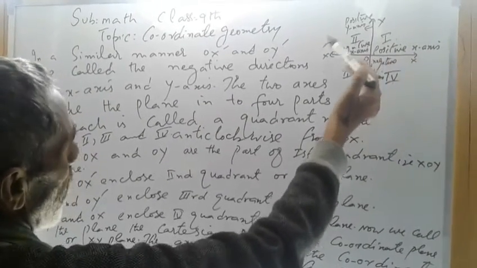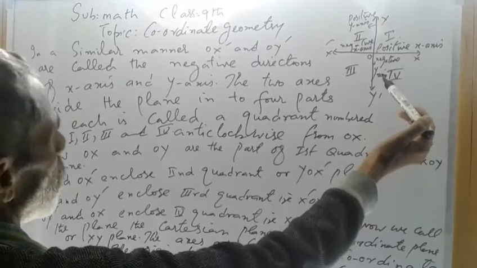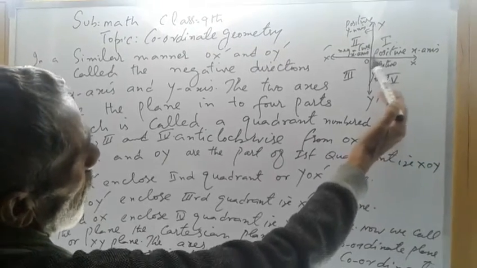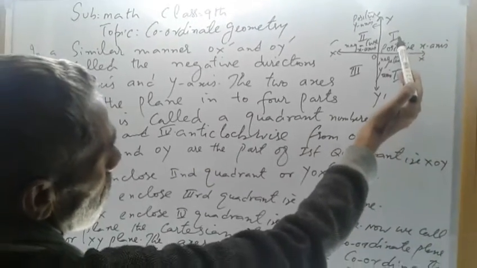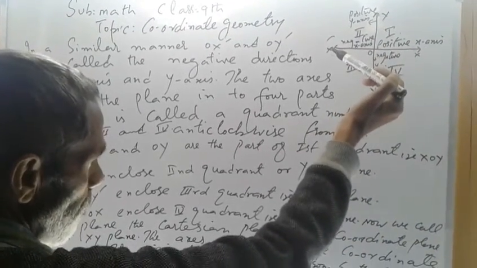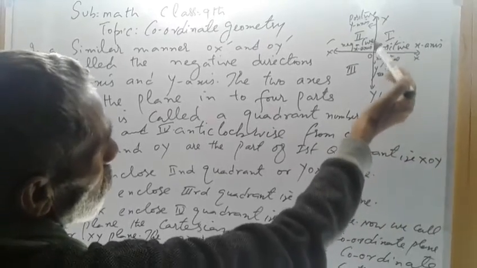anti-clockwise from OX. Now OX and OY are the part of the first quadrant, that is the XOY plane.